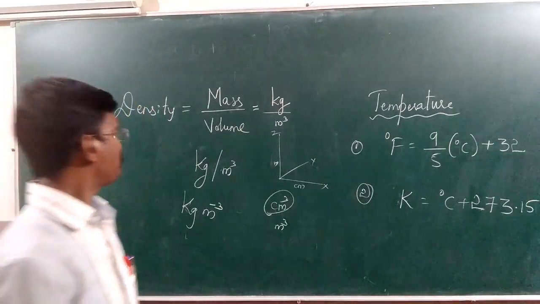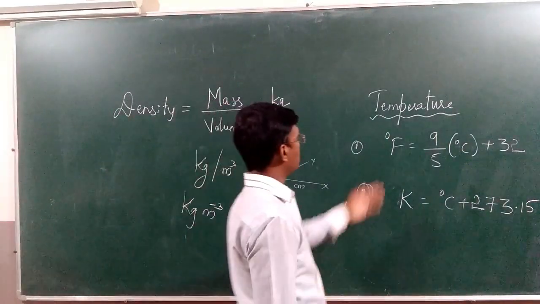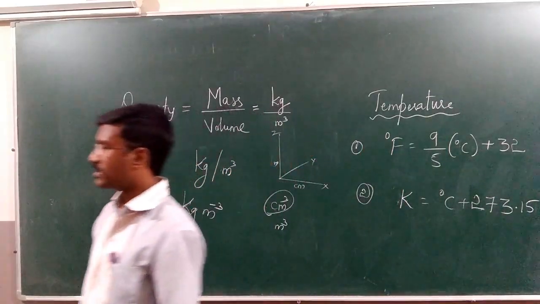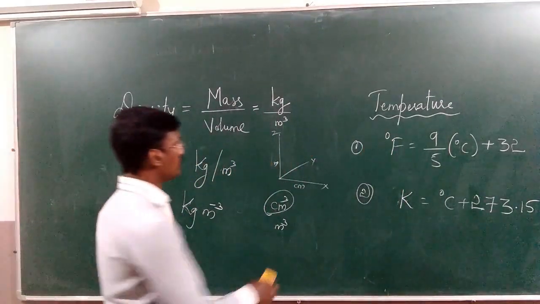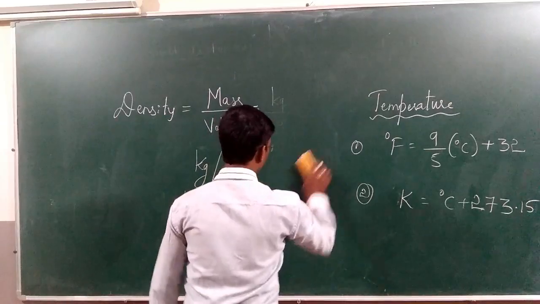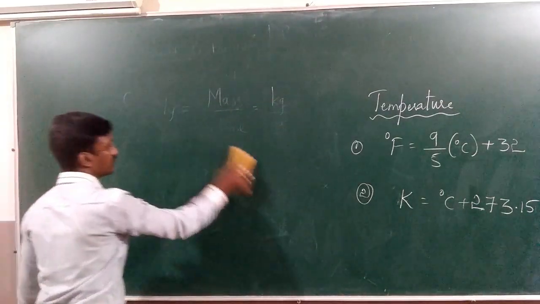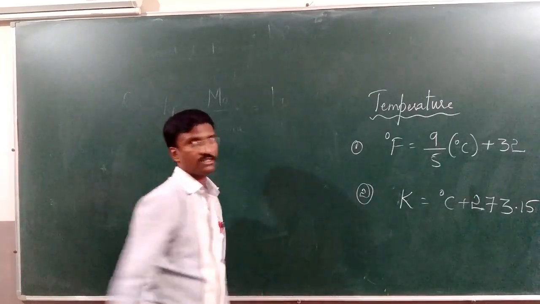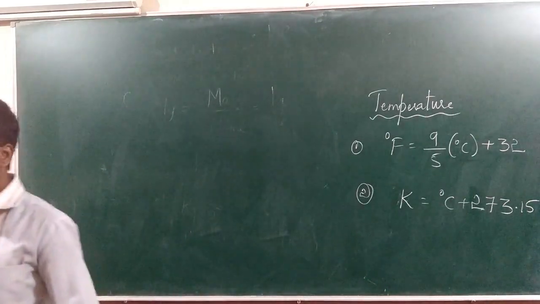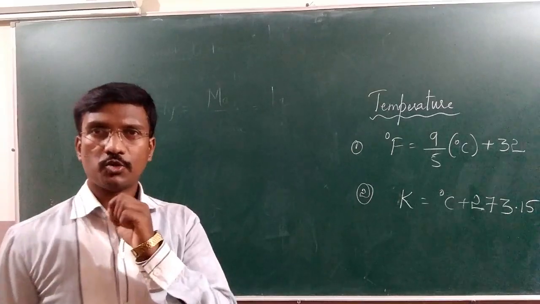And similarly, next important is temperature. In this one, they will ask you conversion of temperature. I hope you remember it. Temperature can be measured in 3 units. One is degree Celsius, another one is Kelvin, another rarely used is Fahrenheit. In high school we say the temperature in degree Celsius.